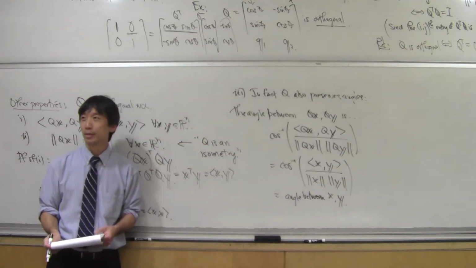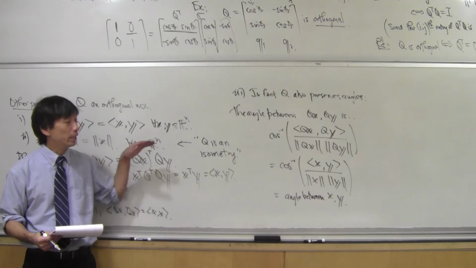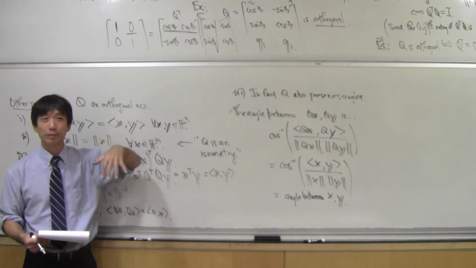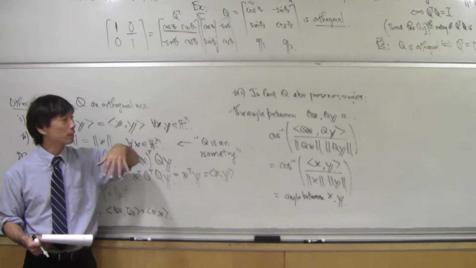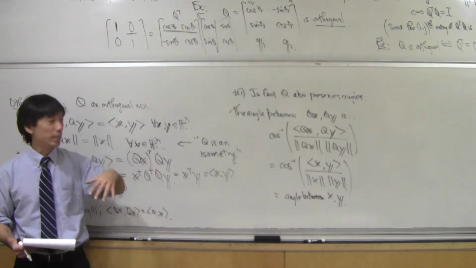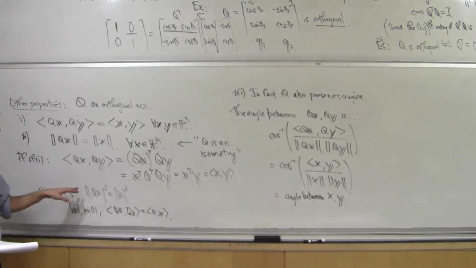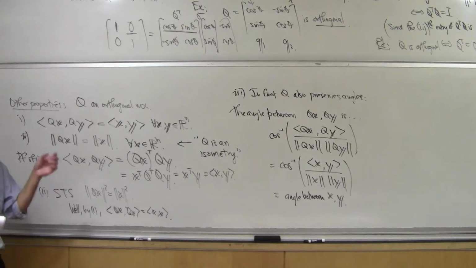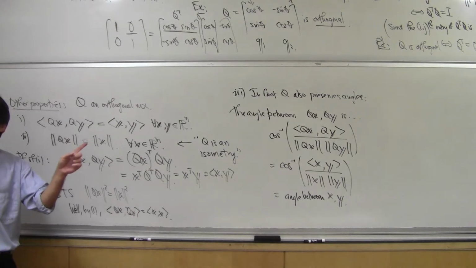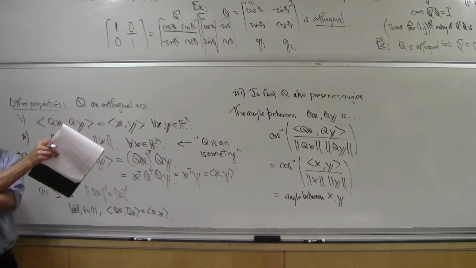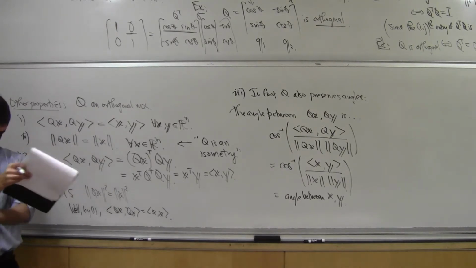So you see that if your matrix has orthonormal rows, orthonormal columns, then it has these interesting geometric properties. It preserves length, it preserves angles. If you hit two vectors with the matrix, it preserves the angle. It may reverse the orientation, but the angle is preserved.